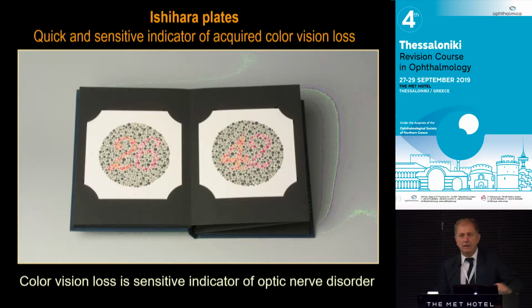Now, color vision testing should be part of every workup. That is something that all patients' notes should include, not because of congenital defects, but because it is a sensitive indicator of initial affection of optic nerve conduction. So that's something you should always do.